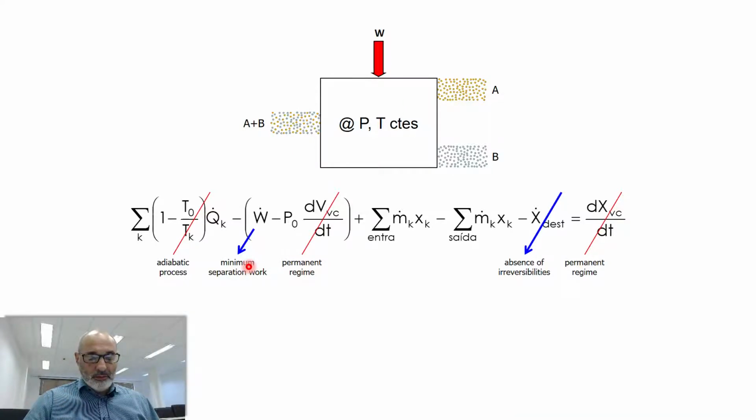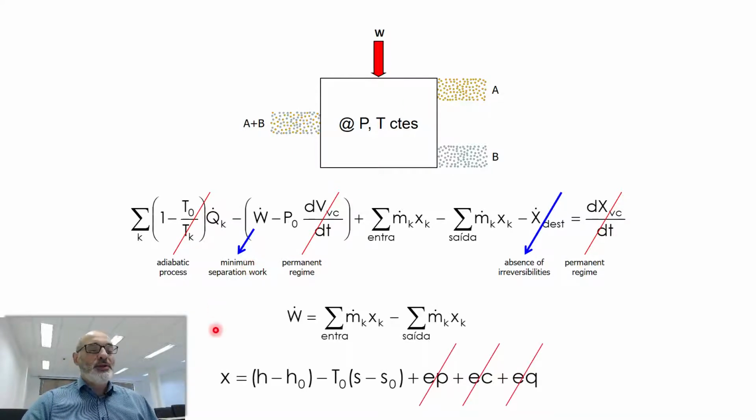Okay, so rearranging the expression, W equals actually what gets in the control volume minus what is going out in terms of exergy. Okay. Well, in our analysis, we're going also to neglect all potential terms of exergy: potential, kinetic, and chemical.